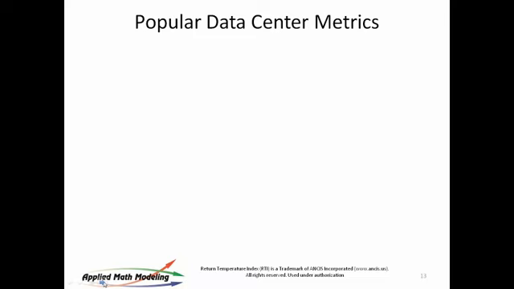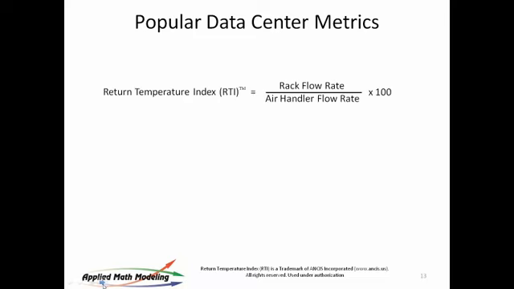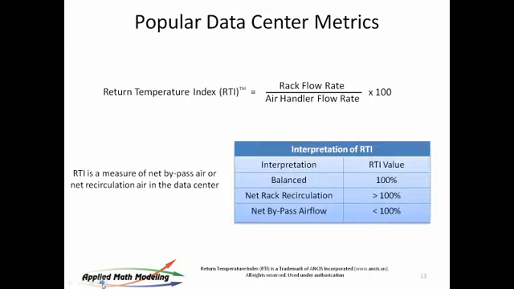So we have a couple more metrics we use to look at this situation. These are more popular in recent years, introduced as part of the Data Center Energy Practitioners Program. And the first one that we'll take a look at is RTI. RTI is really the ratio of what is required by the racks compared to what is being supplied by the cooling system.